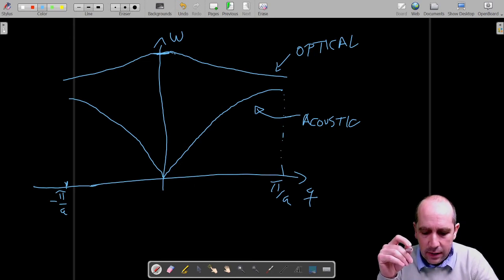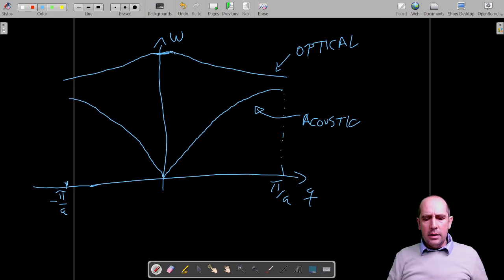When we have a very, very small q, that means a very long wavelength, and very long means compared to the lattice size, so the distance between atoms, or the distance between unit cells. And again, this distance is typically in the order of a few angstroms in materials.